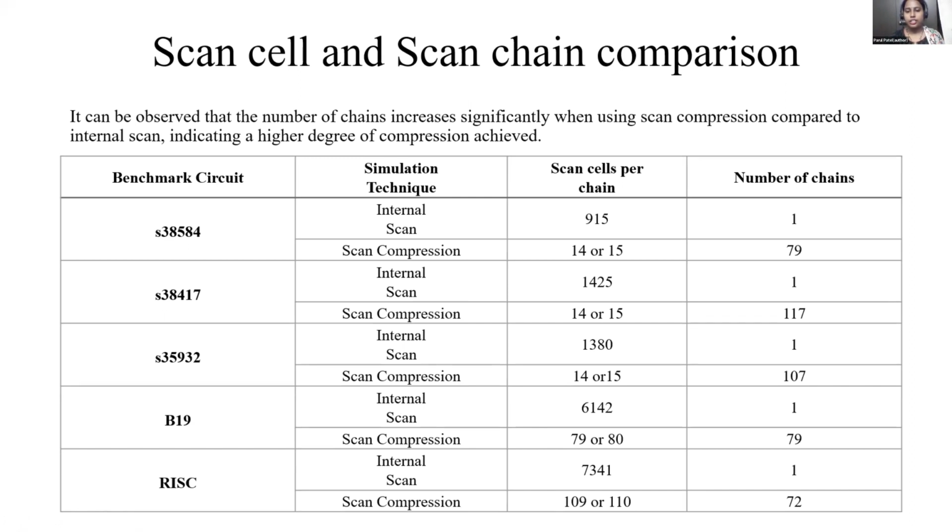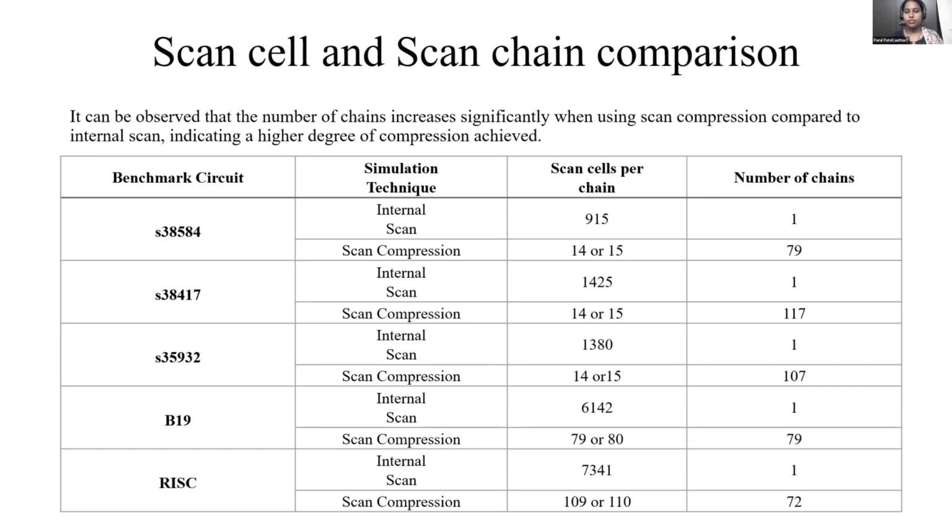If you see, the division of scan cells per chain is uniform, 14 or 15. We have a maximum threshold of 15, so it's not like one chain has just 5 and another has 15. It's because we are executing them in parallel. If we divide non-uniformly, or not near the threshold value, it unnecessarily increases our chain length.